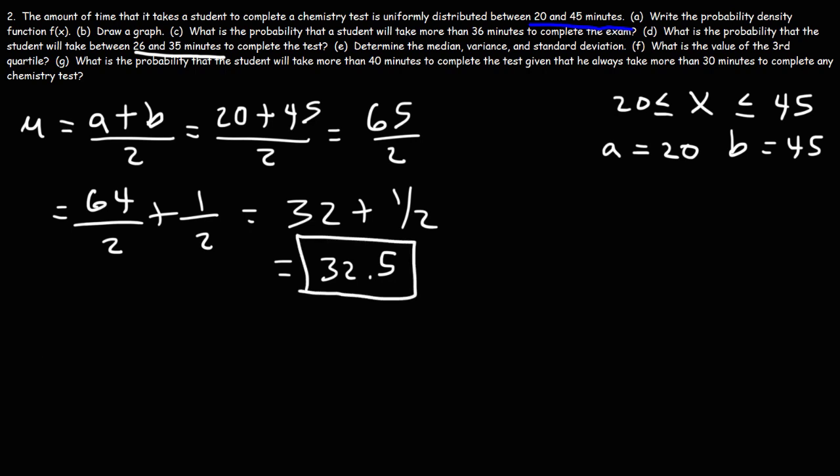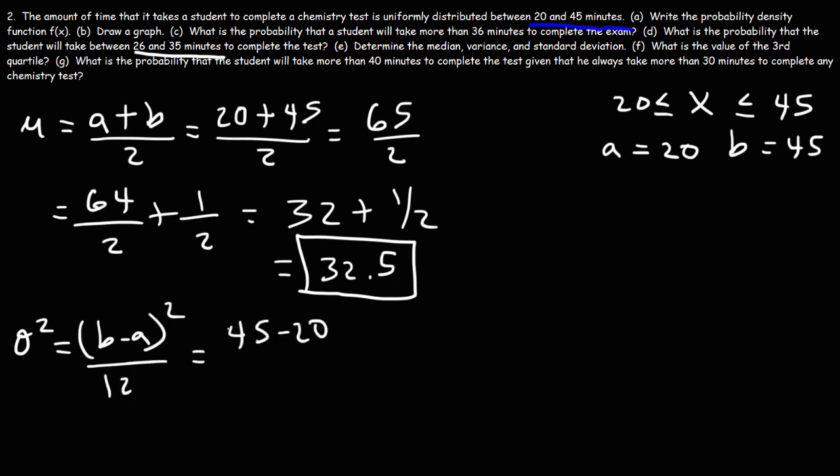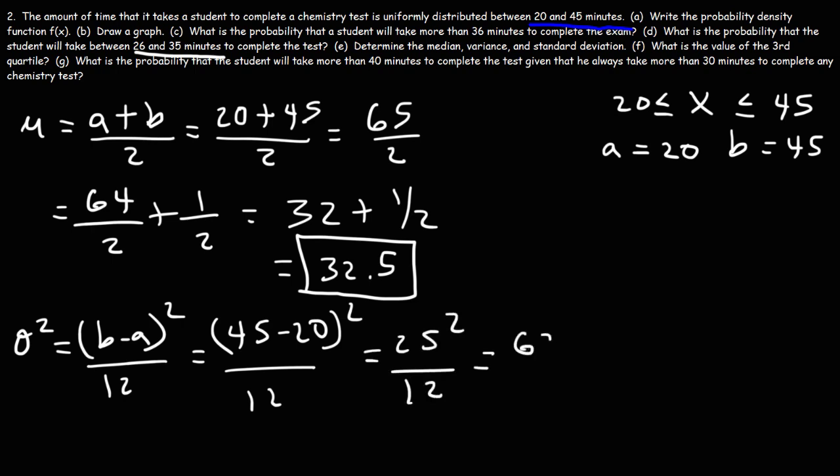So that is the mean. Now let's calculate the next thing, the variance. So the variance is going to be b minus a squared divided by 12. B is 45, a is 20. So 45 minus 20 is 25. 25 squared is 625. And 625 divided by 12 is 52.083.